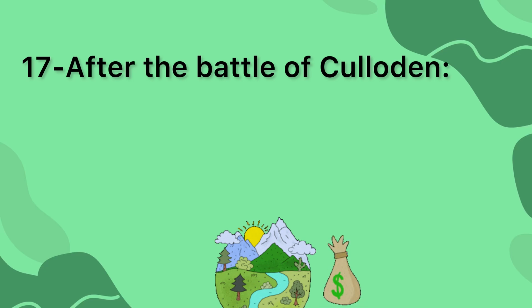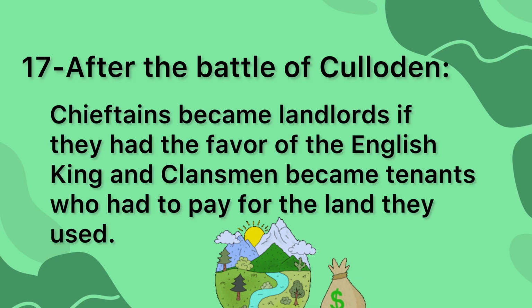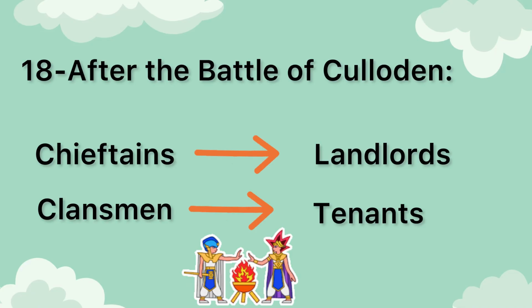Chieftains became landlords if they had the favor of the English king, and clansmen became tenants who had to pay for the land they used.